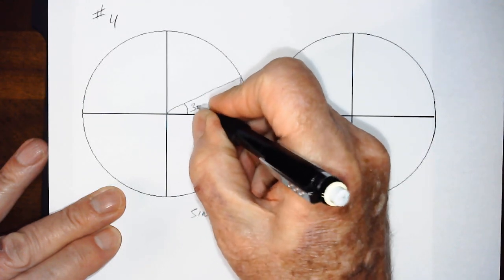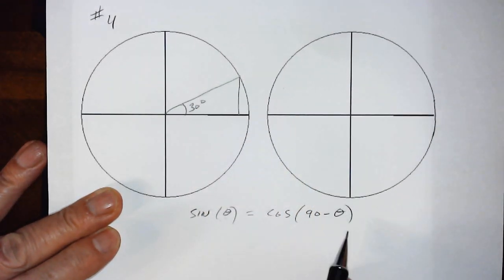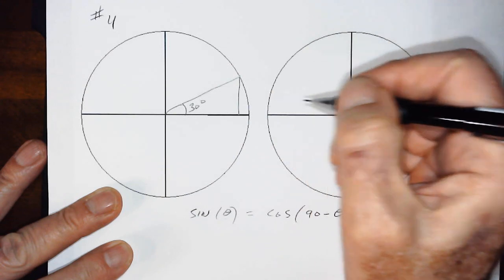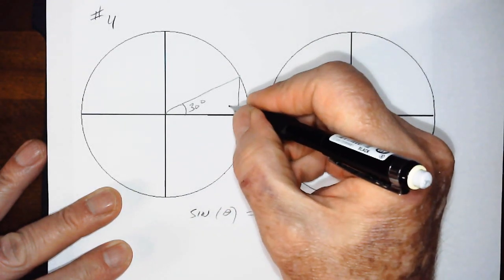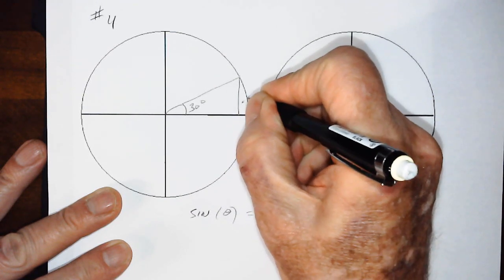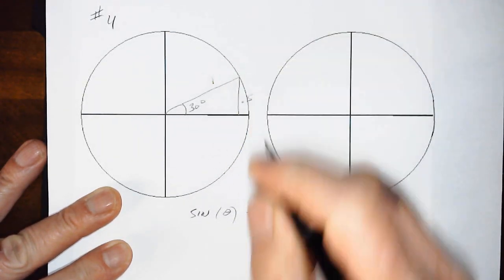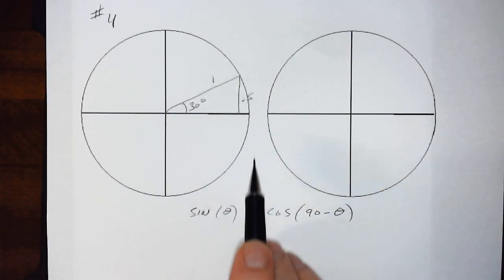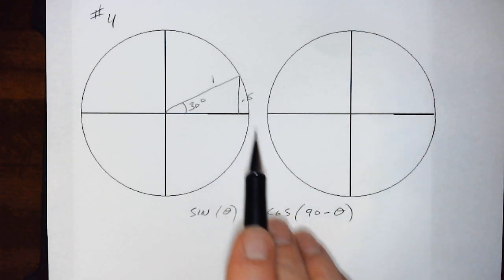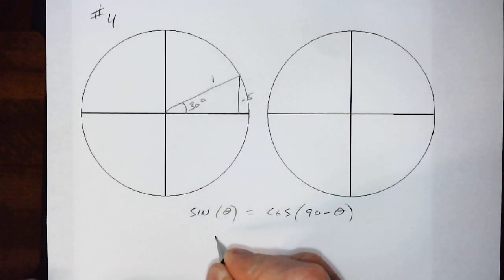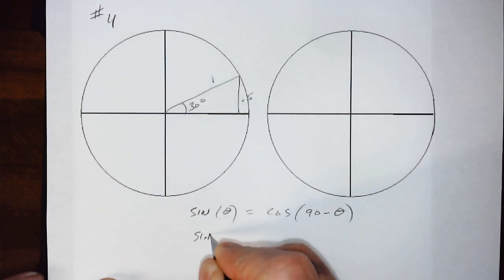If this is 30 degrees, what this formula tells us is that the sine of this angle, and remember the sine was the opposite over the hypotenuse, the sine of 30 is always going to be in this ratio. I used decimals. So we know the sine of 30 degrees.